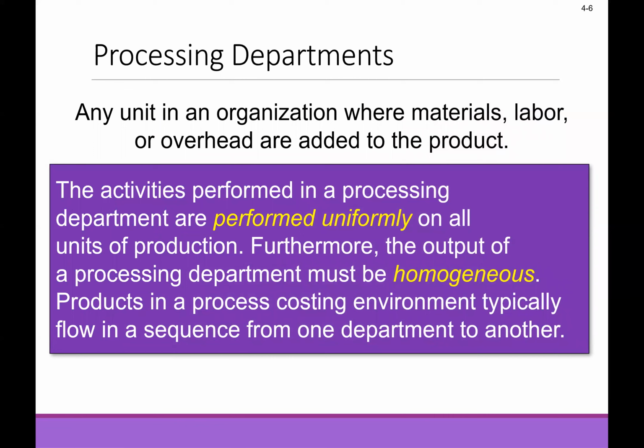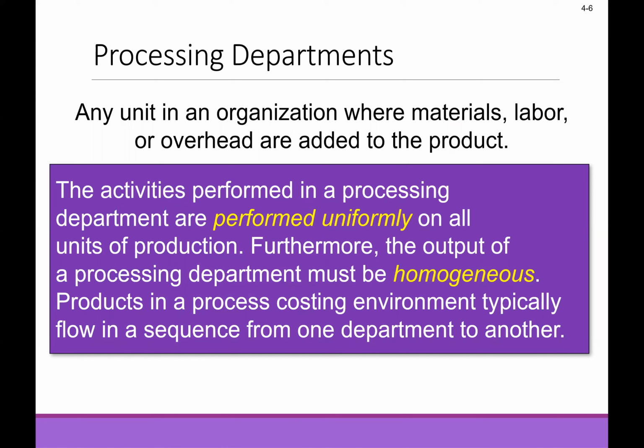When you've got a unit in an organization where you've got materials, labor, and overhead added to the product, that is how we handle process costing. The activities performed in one of these departments get performed the same way on all units of production. So the output of a processing department is homogeneous.